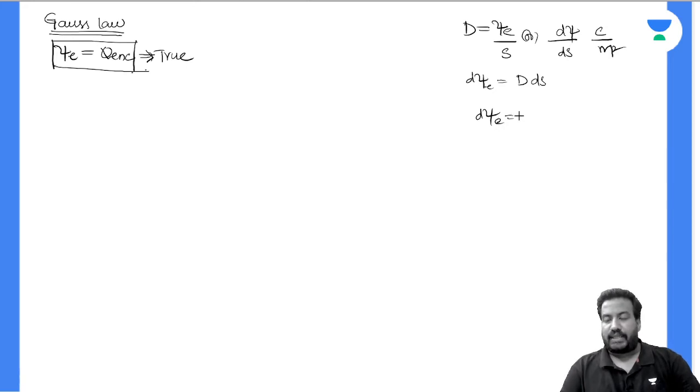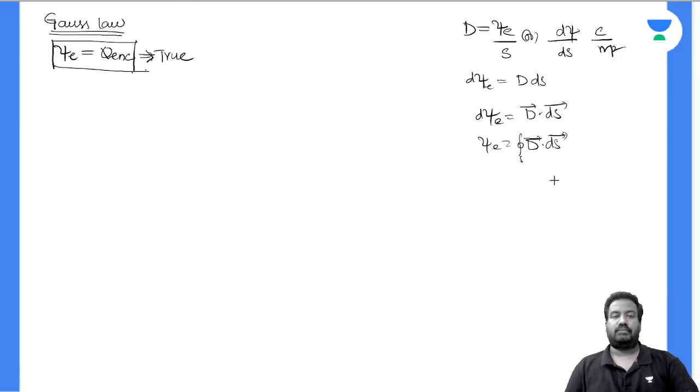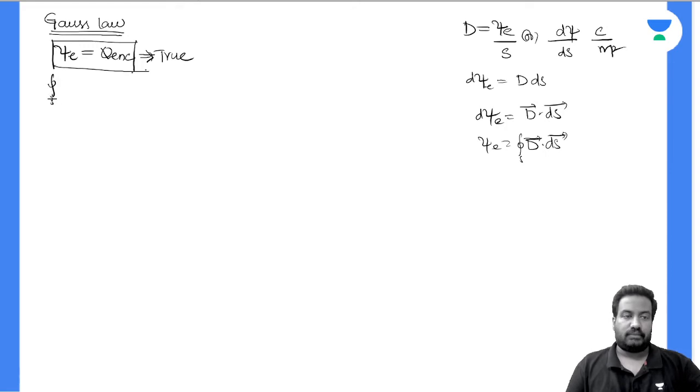In vector notation, d psi e is D dot dS. From this, psi e is equal to the surface integral of D dot dS.